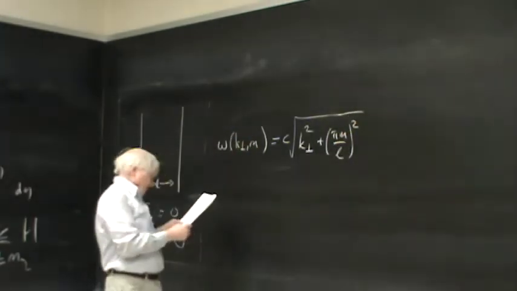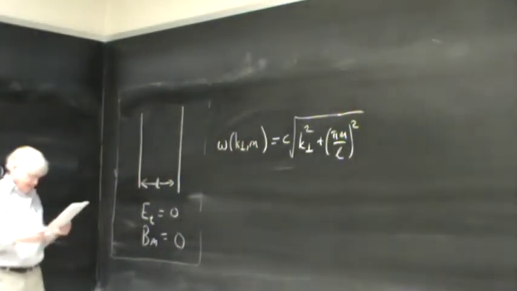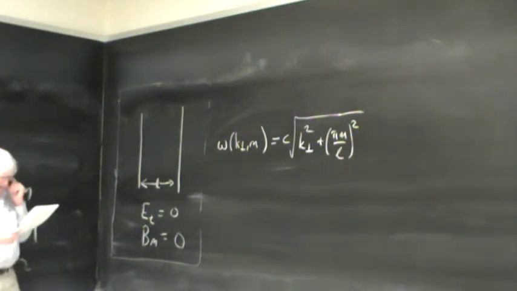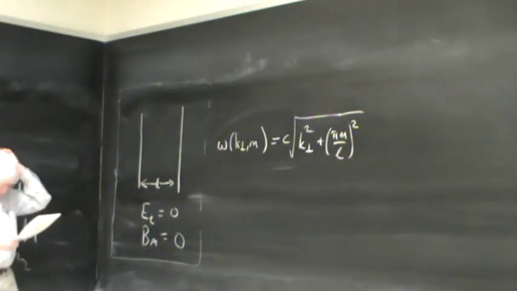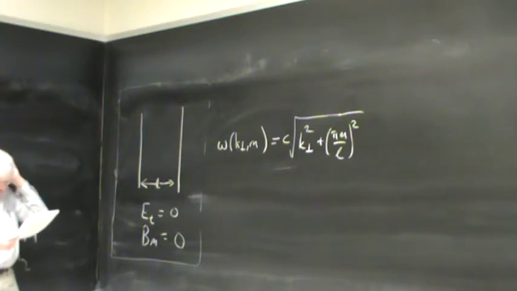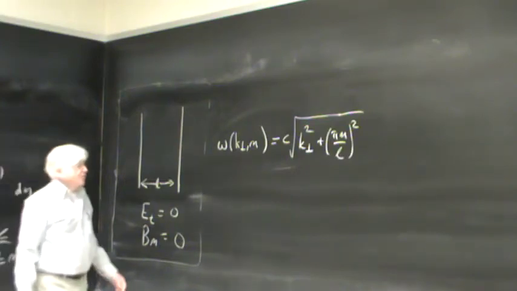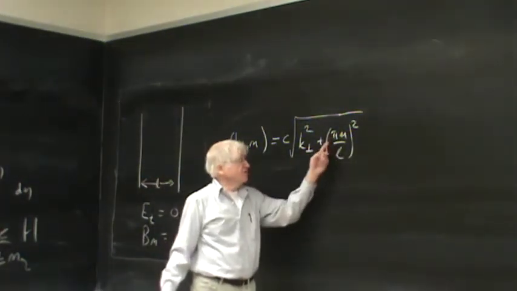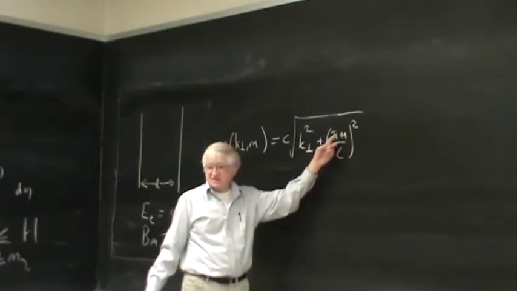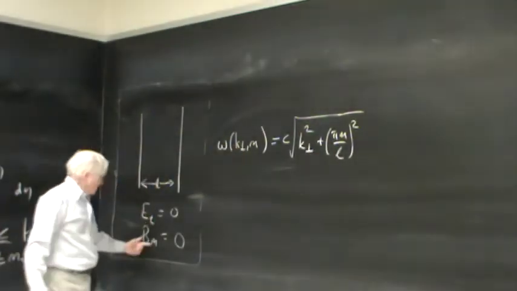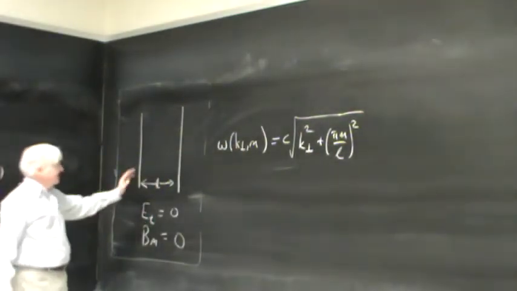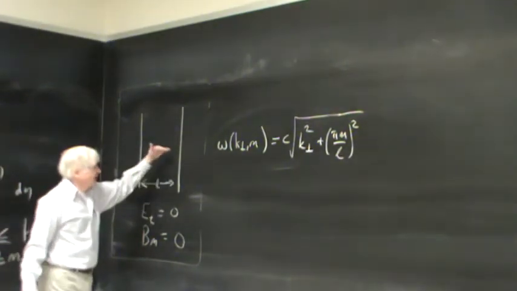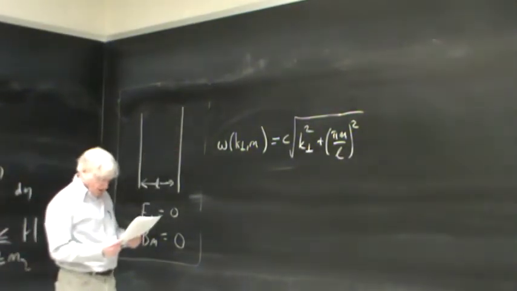So if these are the frequencies, then the k in the direction between the two plates is restricted by these conditions so as to give us E tangential equal to 0 and B normal equal to 0.